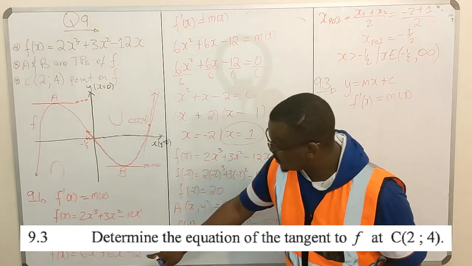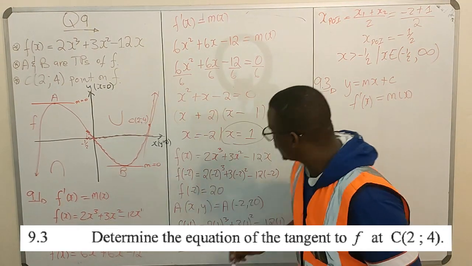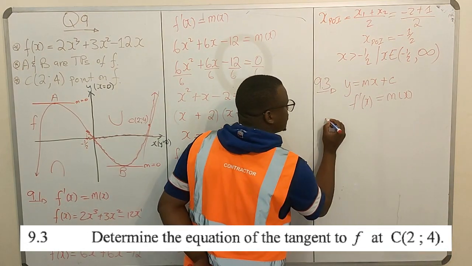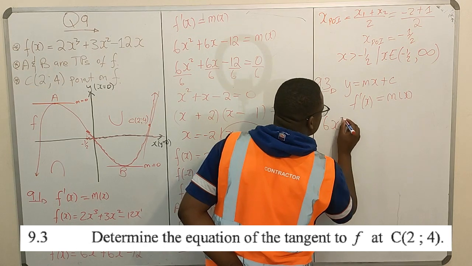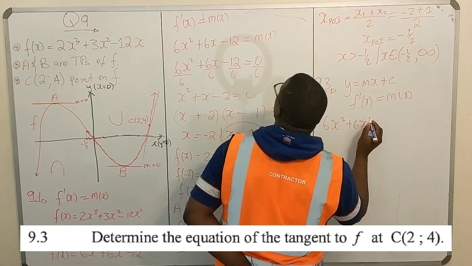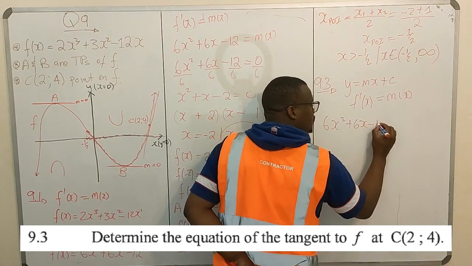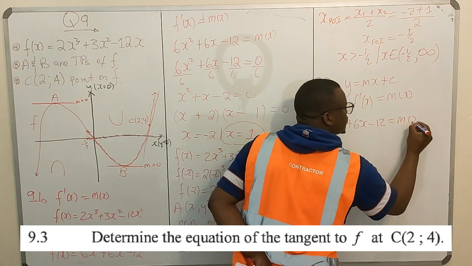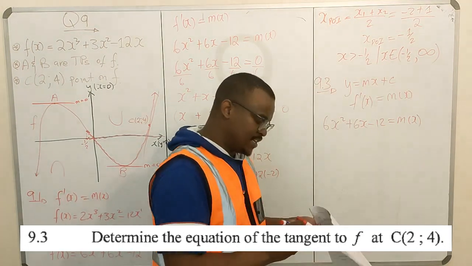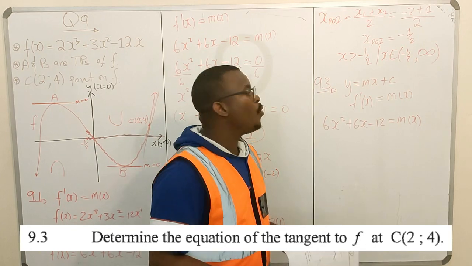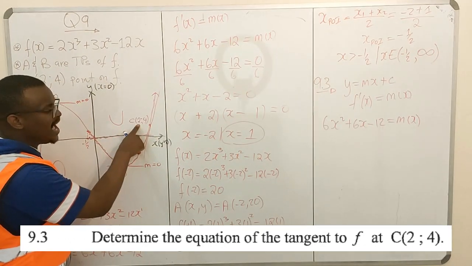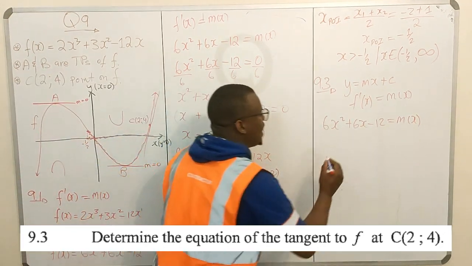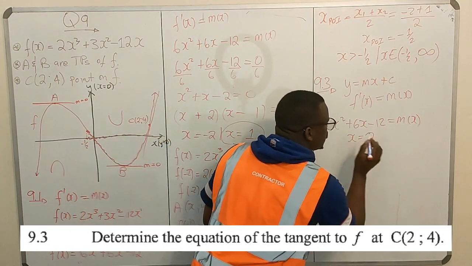It's 6x squared plus 6x minus 12, called m at x. So m at x is the gradient at a point. Now we want the gradient where our tangent touches the graph. It touches at x equal to 2. So we want the gradient at x equal to 2.